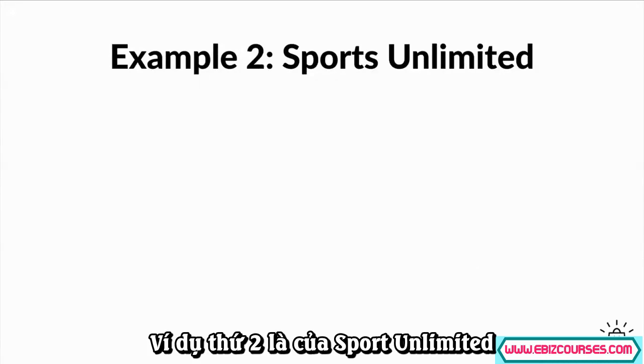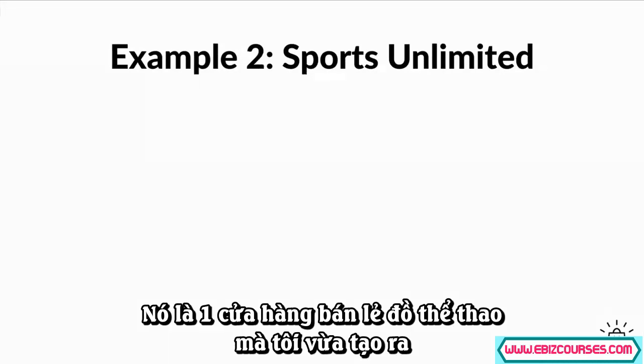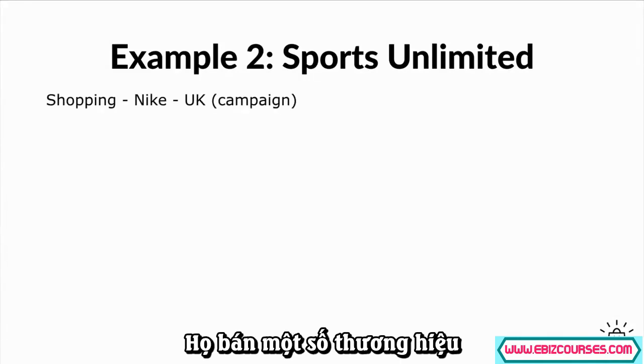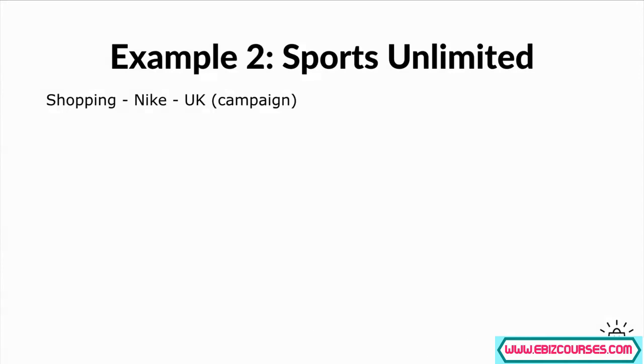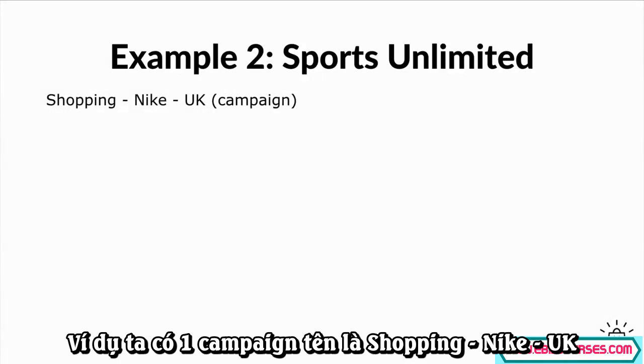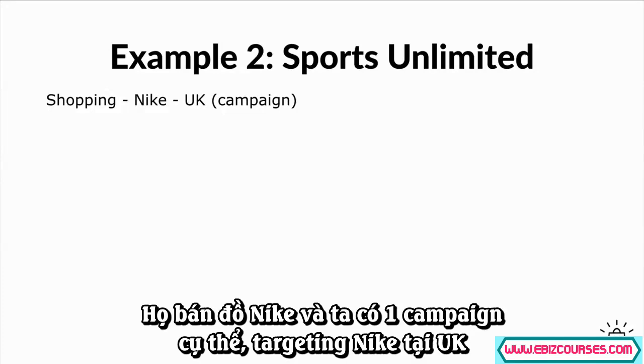Second example is for Sports Unlimited, a sports retail store that I've just made up, and they sell a couple of brands. So here, for example, we have a campaign, Shopping Nike UK. So they sell Nike, and we have a specific campaign targeting Nike in the UK.